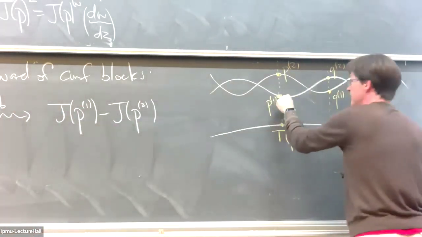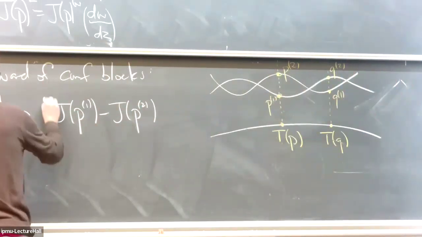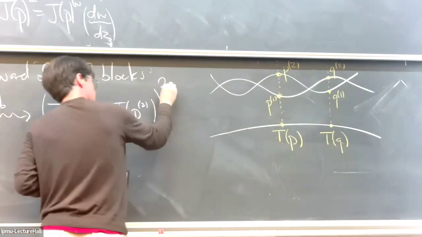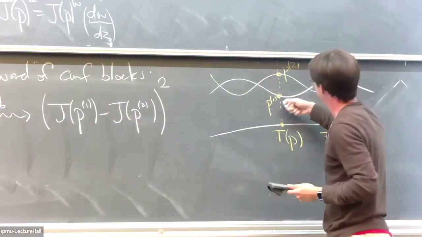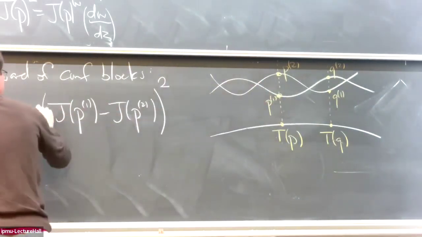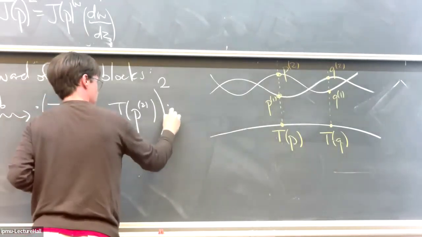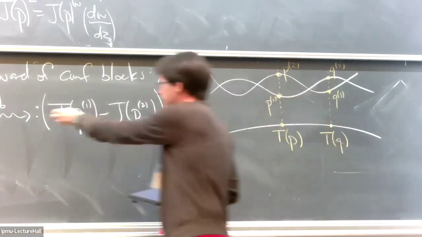You put the J at P1, put the J at P2, take their difference, and then you square it. Well, if you square it, you'll have a singularity because you'll have J of P1 times J of P1. You don't want that, so you do so-called normal order. You expand the local coordinates around the point and you throw away the singular term. Then that's a canonically defined thing.